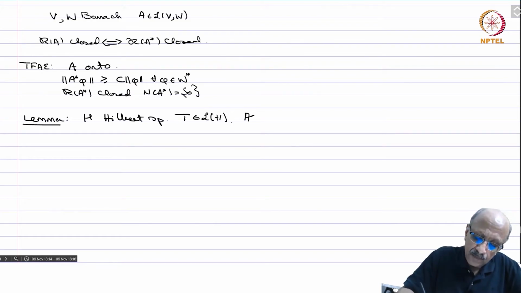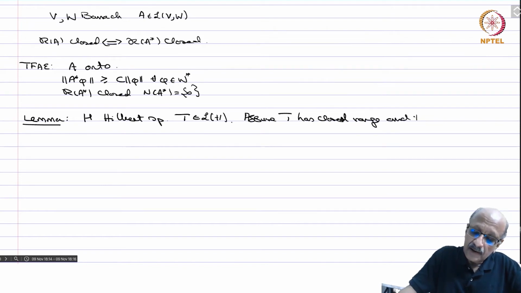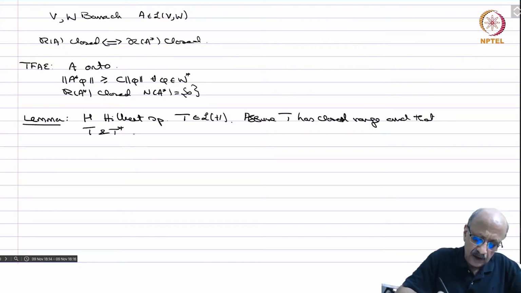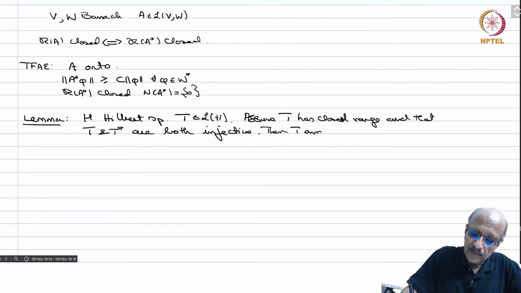Let's assume T has closed range and that T and T star are both injective. Then T and T star are invertible.